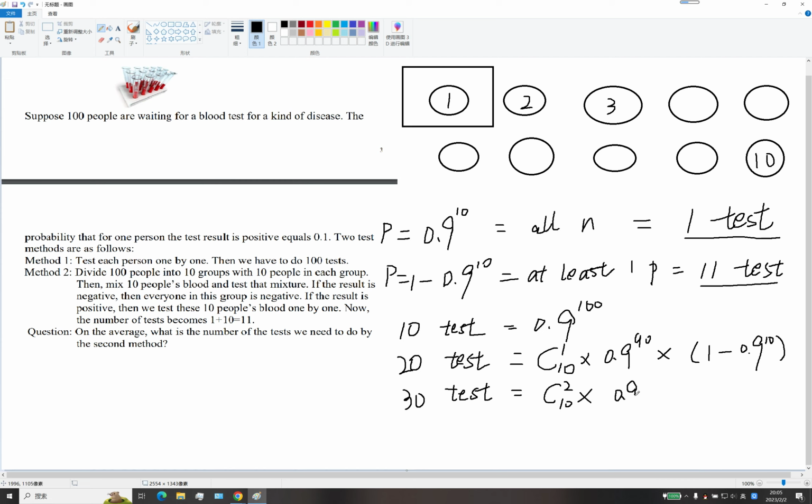The other 8 groups are negative, so this is 0.9 to the power 80. And we can get this. Also, if 3 of the groups have a positive, then we have to do 40 tests.